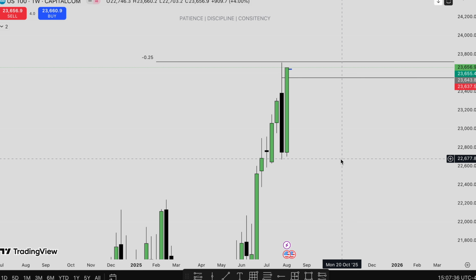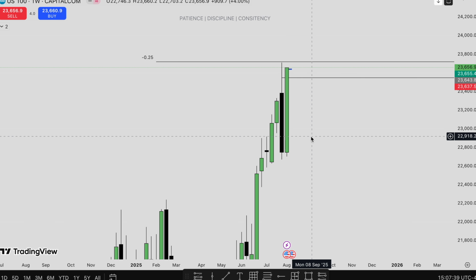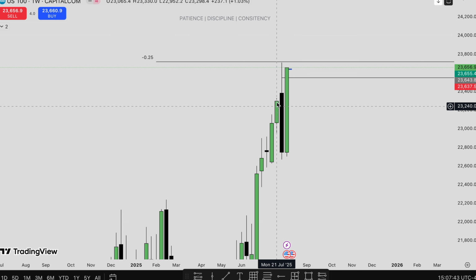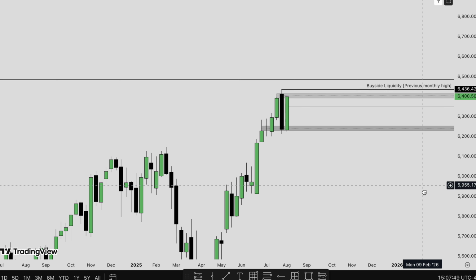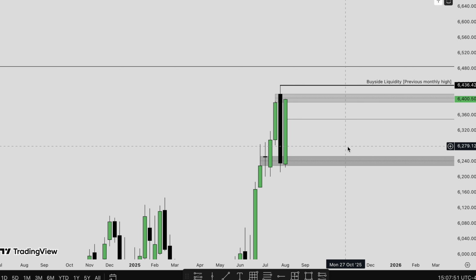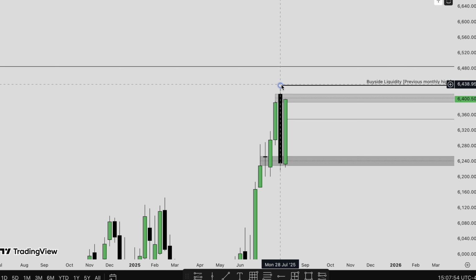I took the trade on Friday, and I took a long because I am bullish for the week, looking for the previous weekly high. Right, same on US 500. My draw on liquidity is for the previous weekly high, and as you can see, we've respected this volume imbalance right here. Look at that.